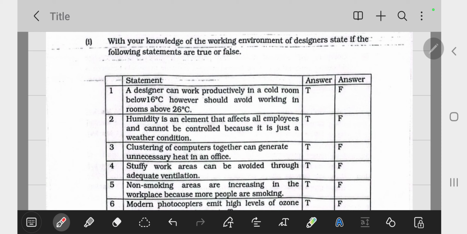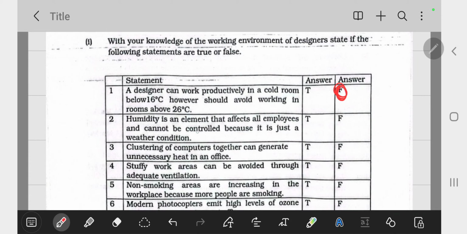You just have to use your brain and the knowledge you have to answer questions like this. They are normally very tricky, but this particular question is false, because below 16 degrees it's very cold and uncomfortable for someone to work. So we go for false.